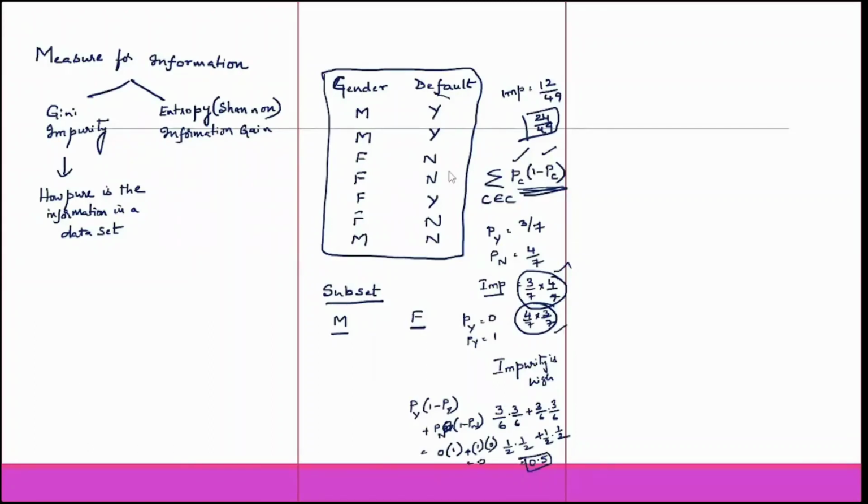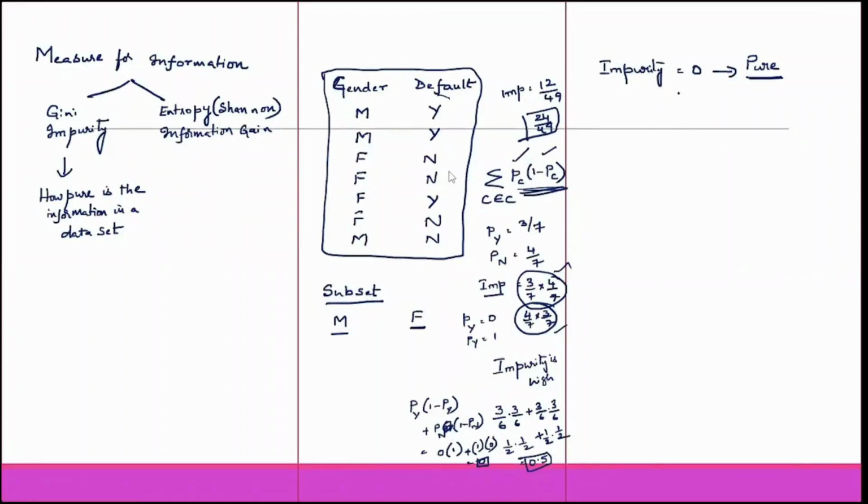Overall it is 0. So when the impurity becomes 0, that is when we say that the split or the classification is very pure. My model is able to differentiate the defaulters and non-defaulters perfectly.